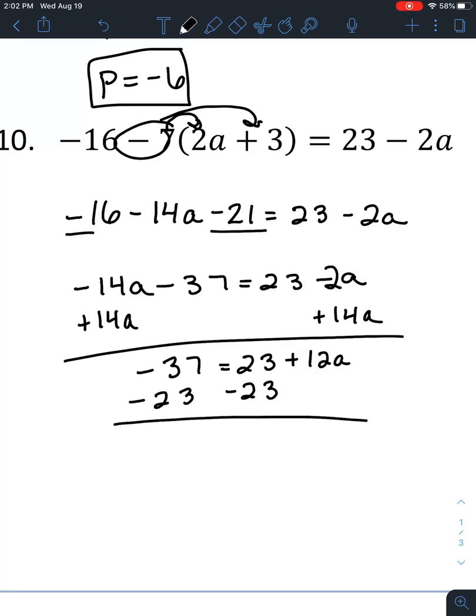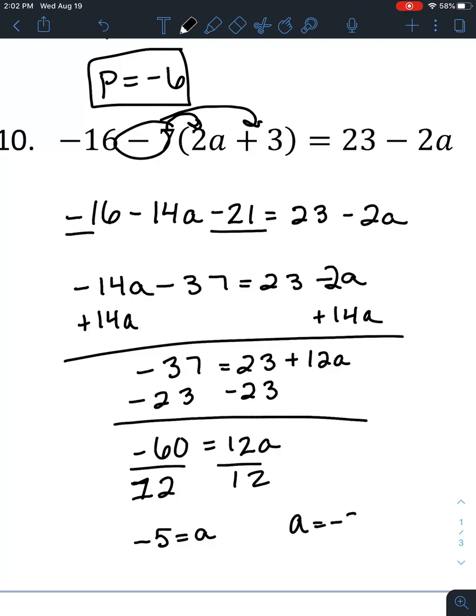So that gives me negative 60 equals 12a. Negative 60 divided by 12 will give me negative 5. So that gives me negative 5 equals a. Again, I like letter equals number, so I'm going to write a equals negative 5.